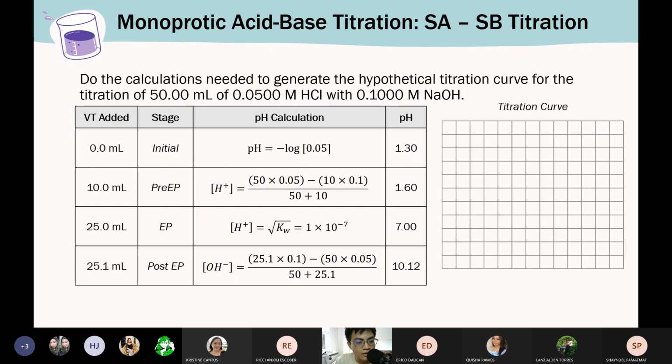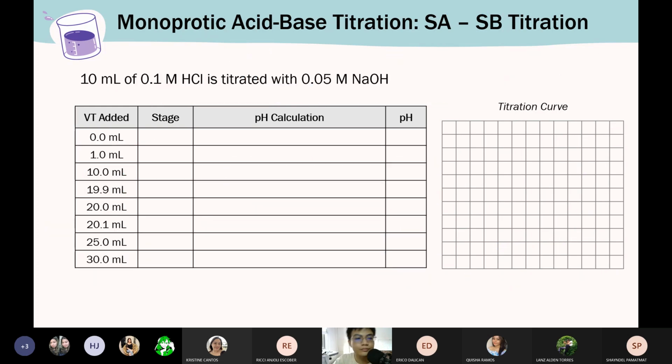Same yung ating mga sagot na. Try this one. So you have 10 ml of 0.1 molar HCl and you titrated it with 0.05 molar NaOH, sodium hydroxide. So again, kung ano yung unang sinabi, yun yung analyte.